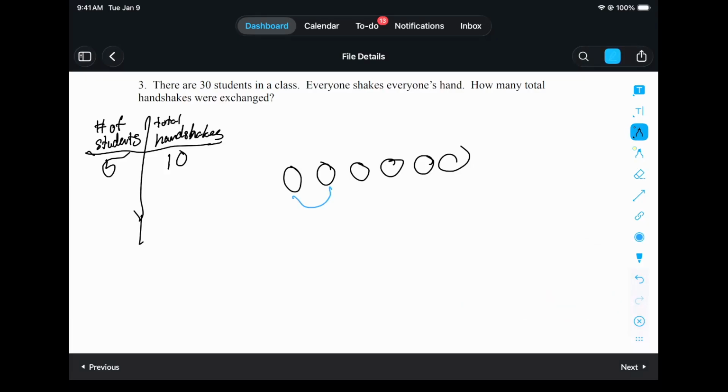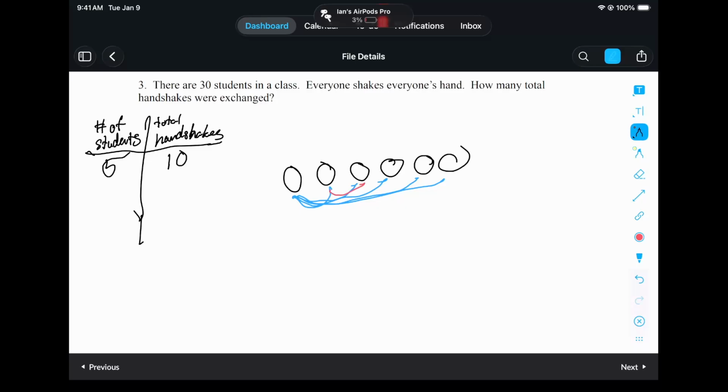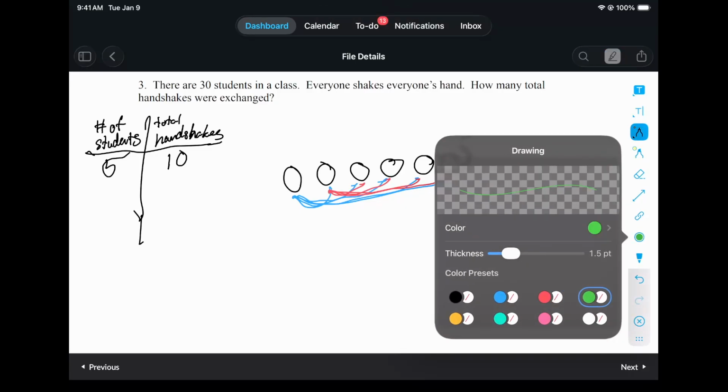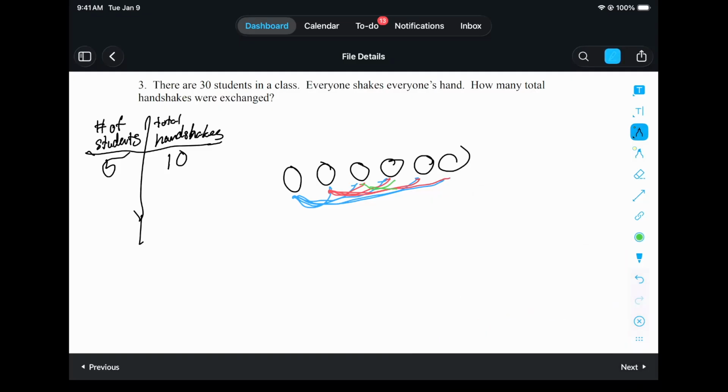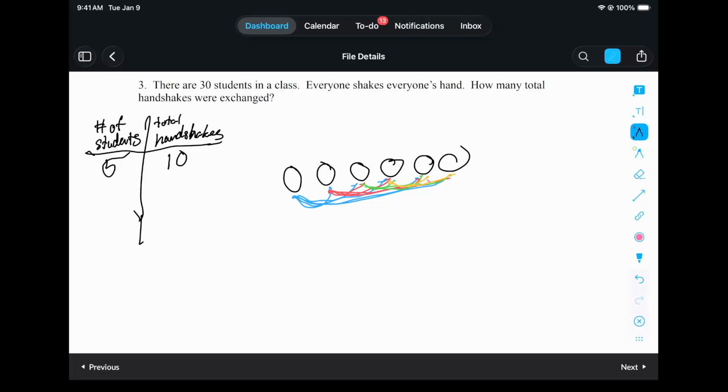This guy is going to be 1, 2, 3, 4, 5, 6, 7, 8, 9, 10, 11, 12, 13, 14, 15. And everyone has shaken everyone's hand.